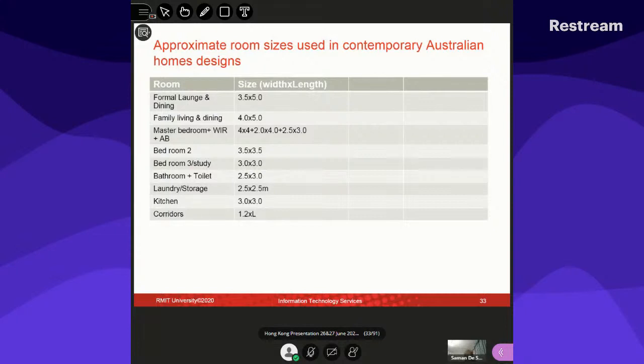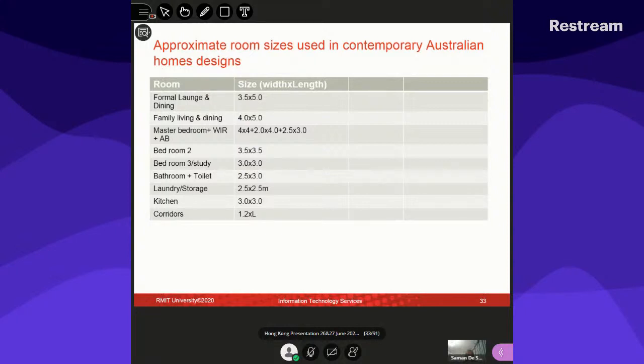Normally, master bedroom will always have a walk-in robe in the modern houses, and also an attached bathroom. So AB stands for attached bathroom, walk-in robe. Therefore I have given rough values. The master bedroom is 4x4.